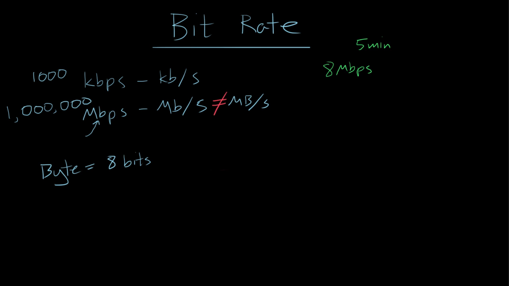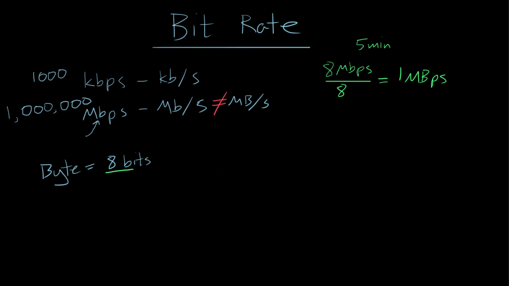And I want to get to megabytes because that's how I think about file sizes, like megabytes or gigabytes. So we're going to divide that by 8 because 8 is the number of bits in a byte, and that gives us 1 megabyte per second.